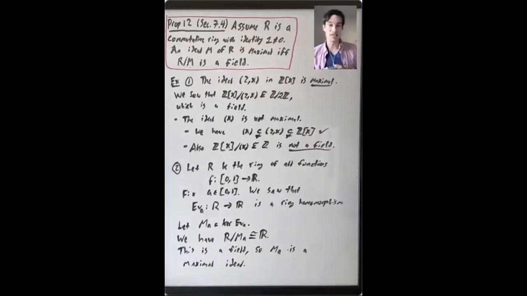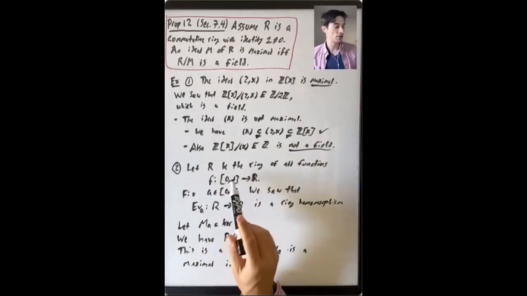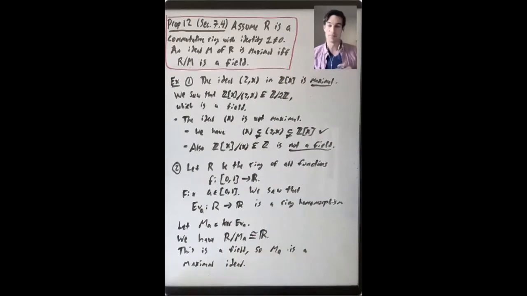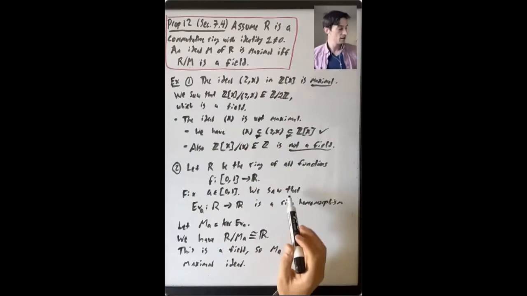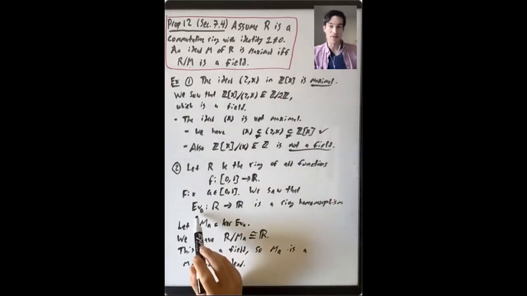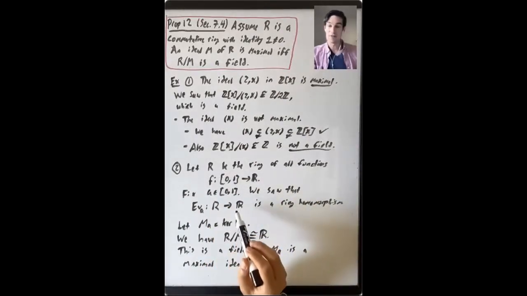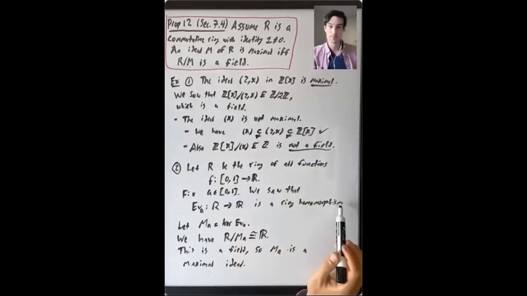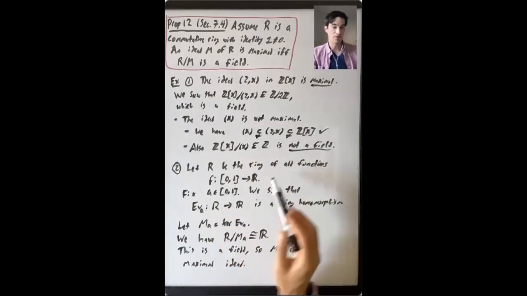Let's give a different type of example. Let's say R is the ring of all functions f from the closed interval from 0 to 1 to the real numbers R. If we fix some particular element a of the closed interval, we saw earlier that this evaluation at a map, which takes a function f to its evaluation f(a), is a ring homomorphism. So let's let M_a be the kernel of that ring homomorphism. So that's some ideal of this ring of functions.